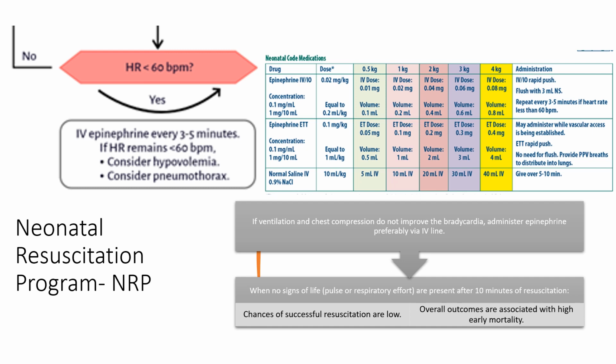So if that's the case and we need to give epinephrine, the dose is 0.1 milligrams per kilogram right down the ET tube. While this is not the last resort in ACLS and neonates, it's still regularly accepted due to the difficulty of establishing IV access. So you can still try the other ones, just know it's hard.